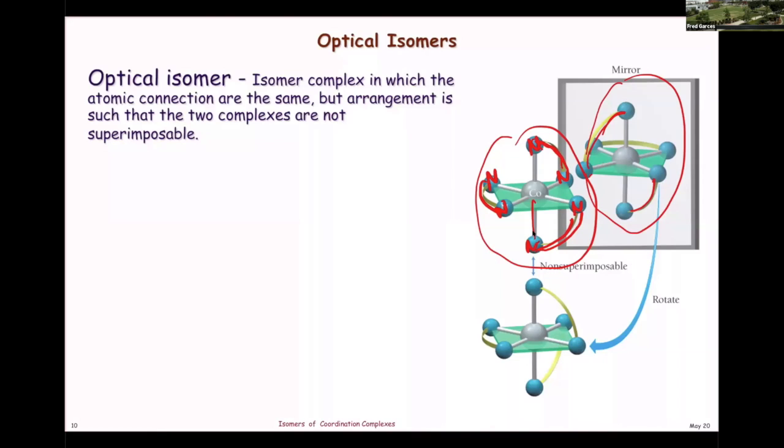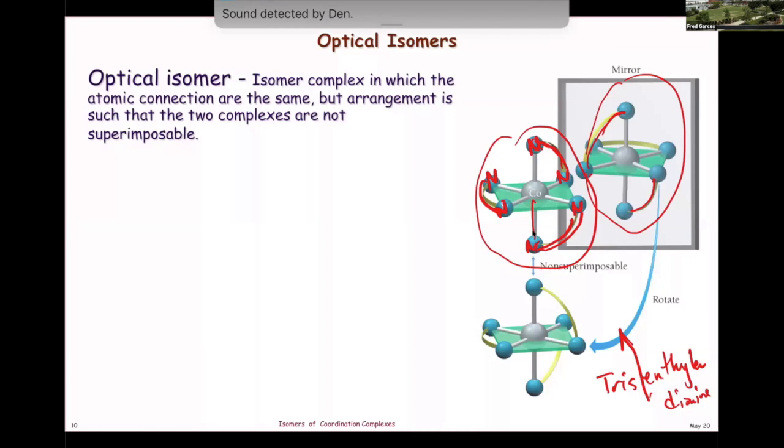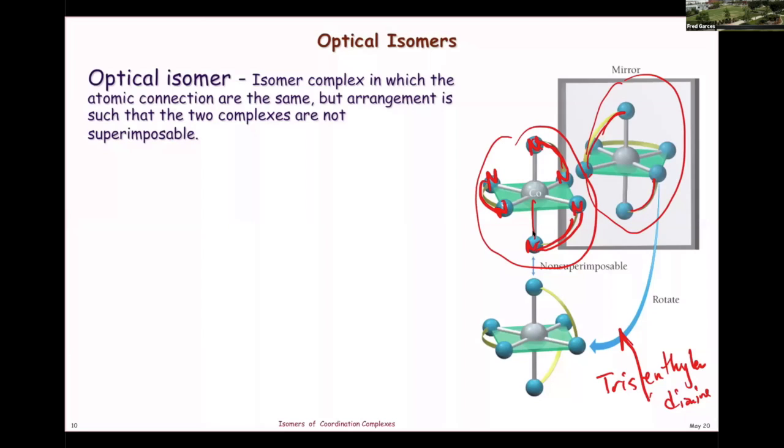But now that you know, when you have a tris ethylenediamine complex, then you will have optical isomers with that. And you guys did this, for those of you in lab. Salt C was a tris complex. You had no way to know whether you isolated one of the optical isomers or the other.